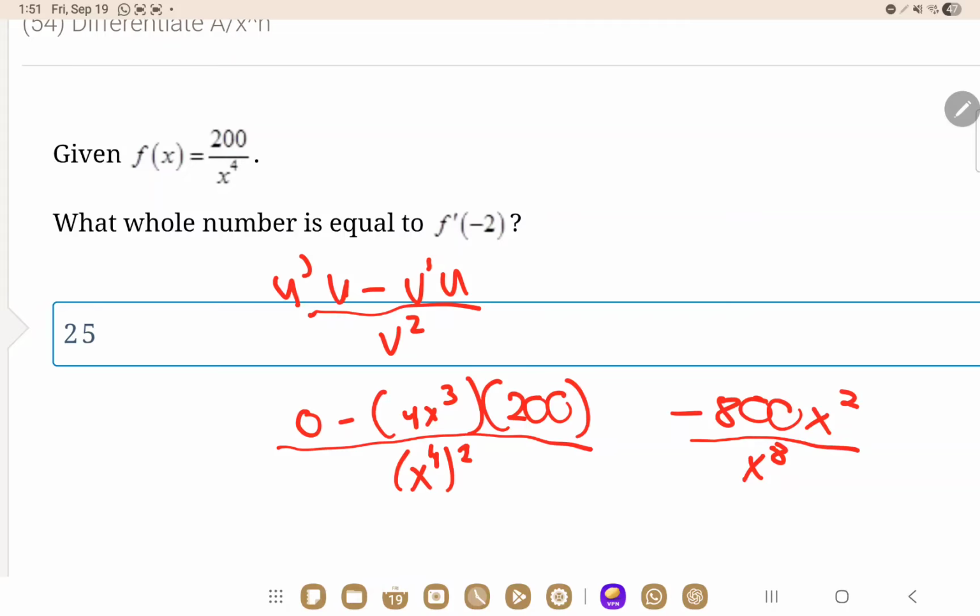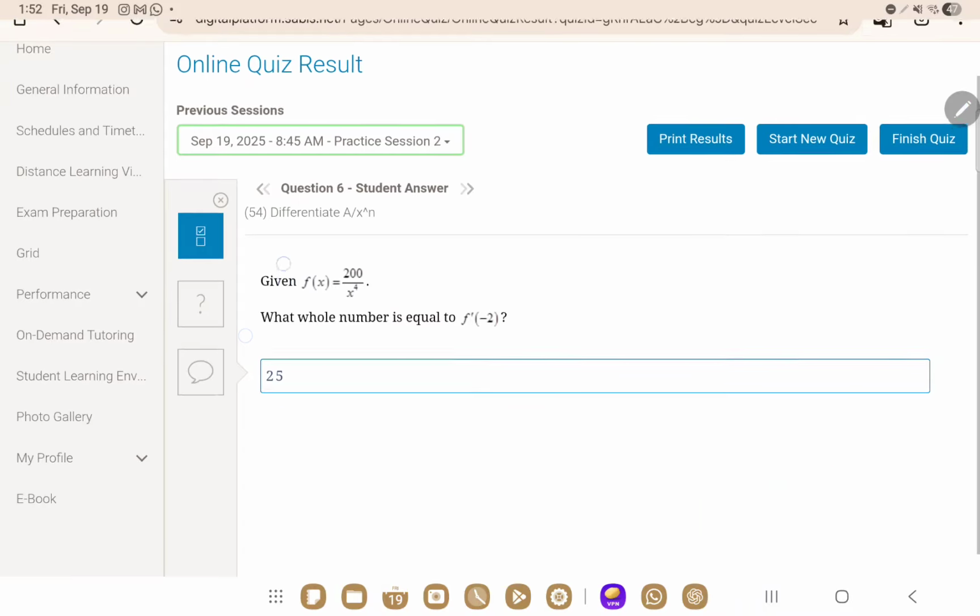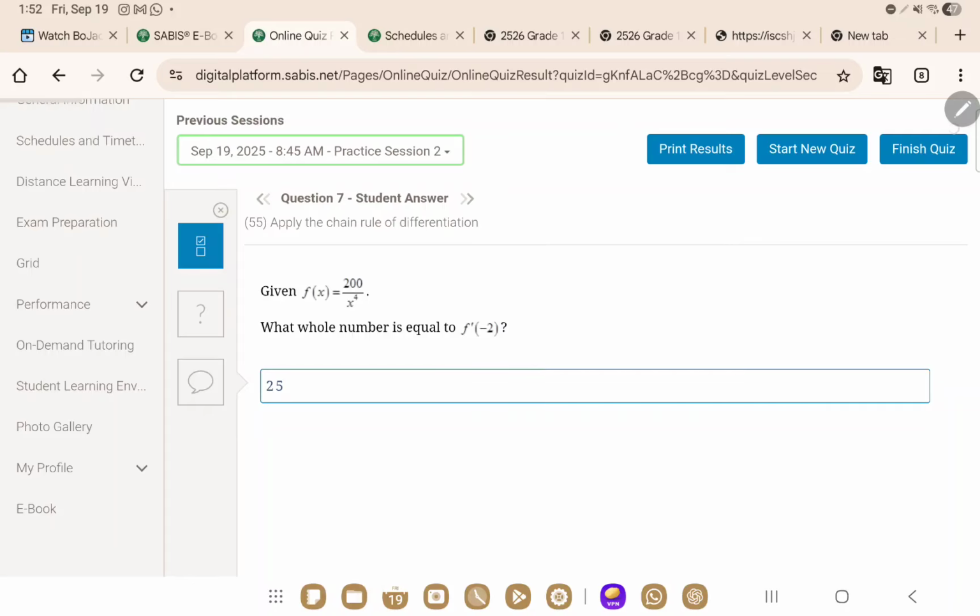Oh my bad, it's x cubed, not squared. Anyways, it's negative 800 times negative 8 over this, it's going to give us 25. My bad, guys. Anyways, next question.